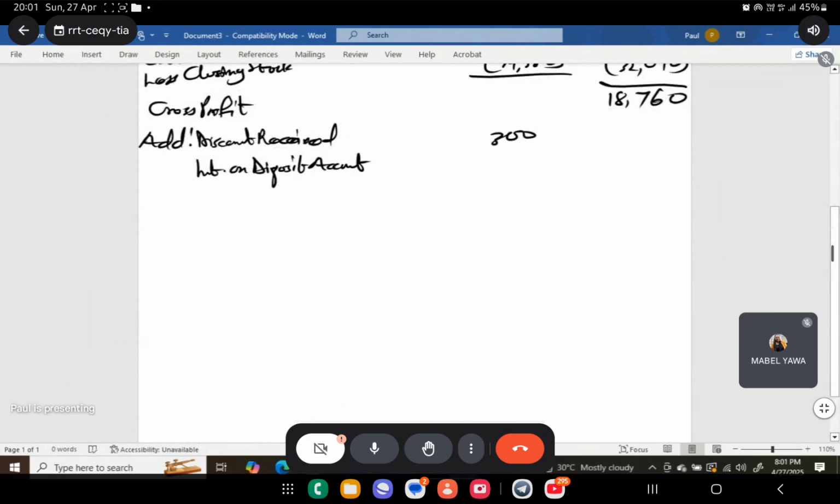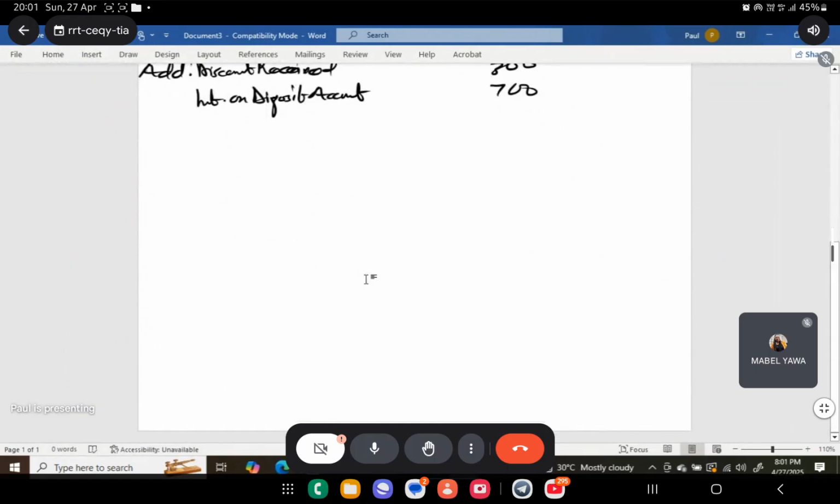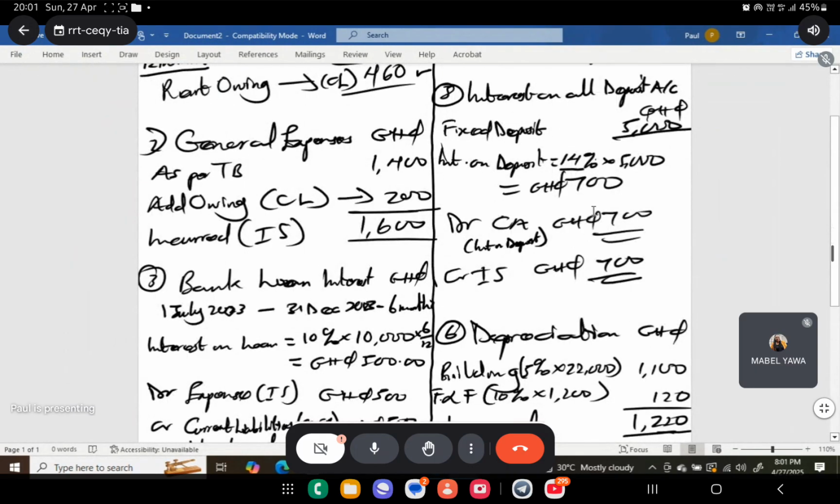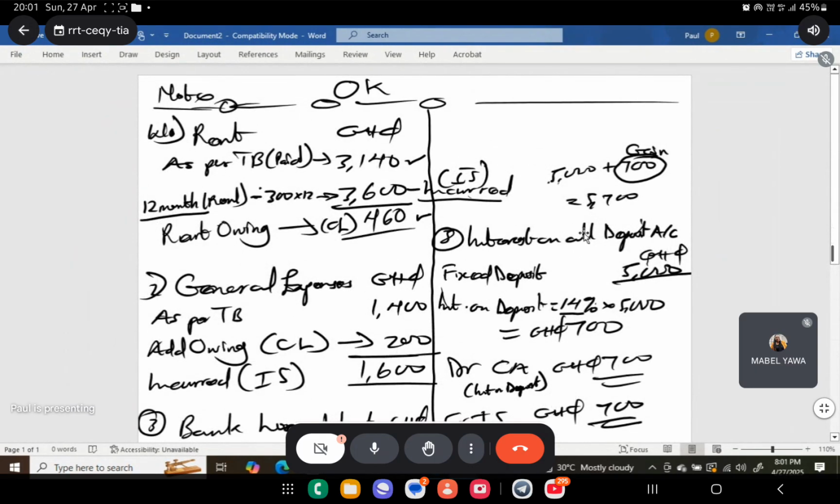We are taking the income statement aspect because we are dealing with the income statement. And I told you it is a gain. From here, I showed you that it was a gain. We deposited 500 in a bank as fixed deposit, and the bank agreed to pay us 14% on our deposit. So the 500 will mature with 700 as interest for us.